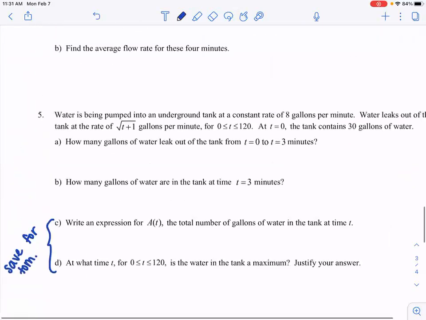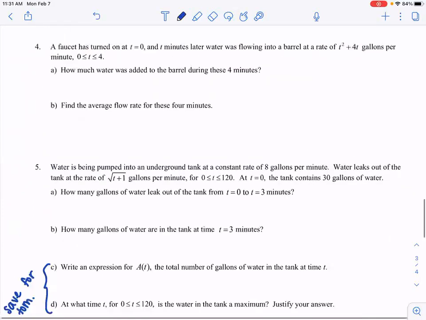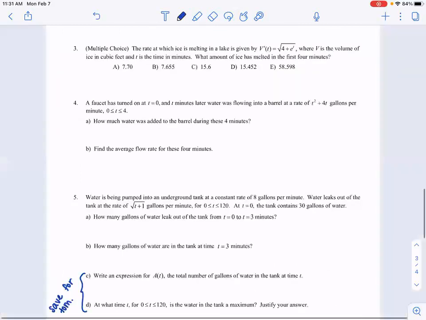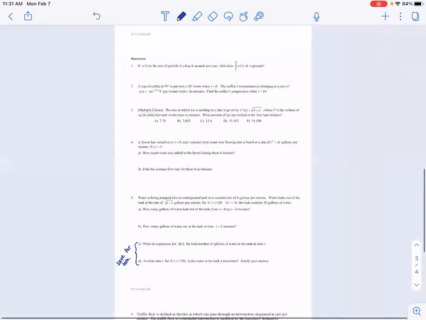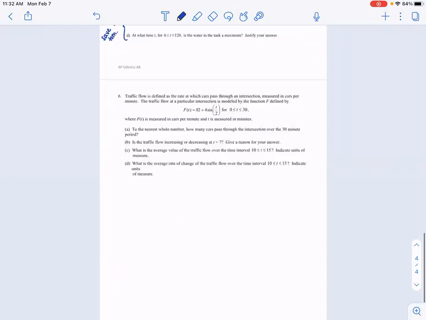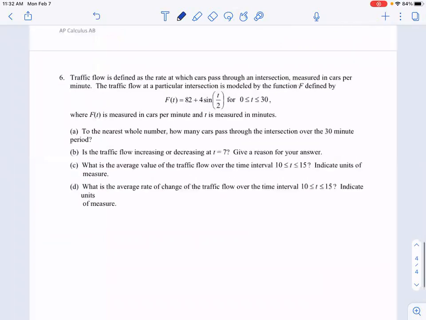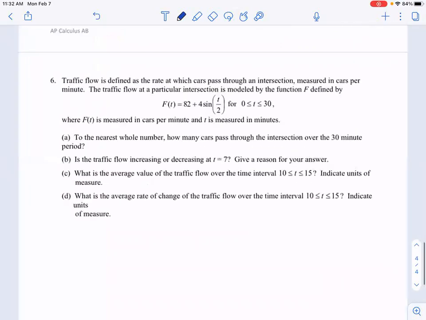Okay. So this is your homework. You have 5 questions that look very similar to what we just did. I will post my key to these 5 problems on Google Classroom. You are also expected to complete this free response problem that we will grade at the beginning of class tomorrow.